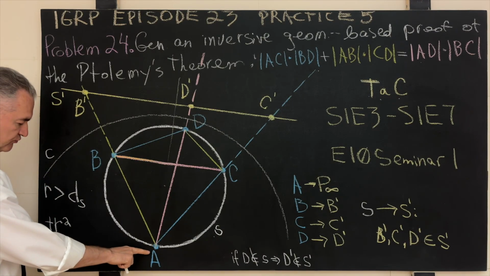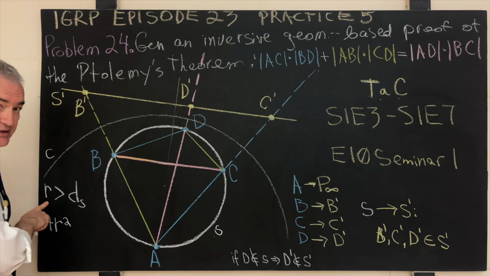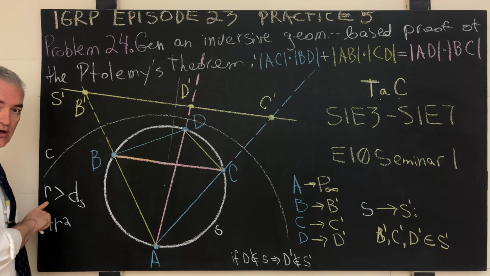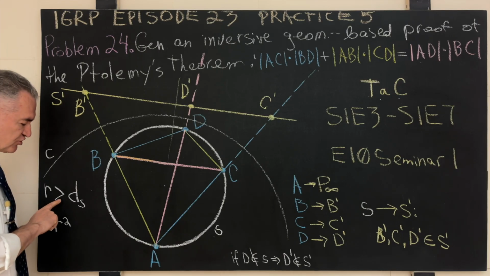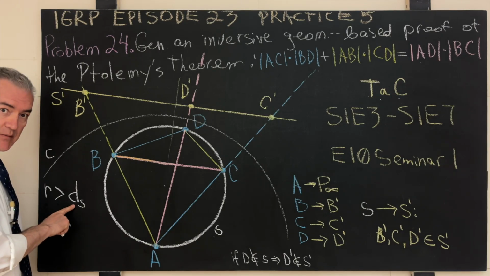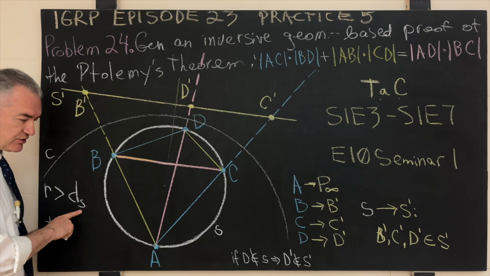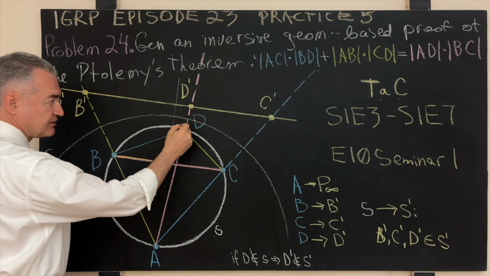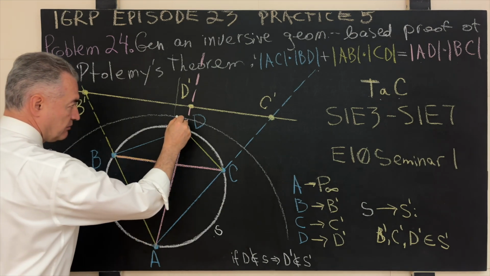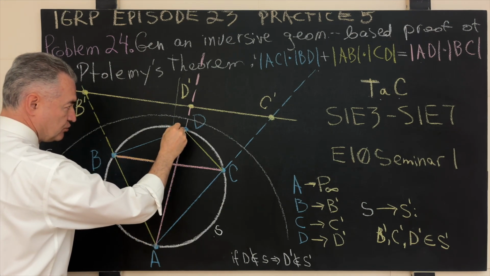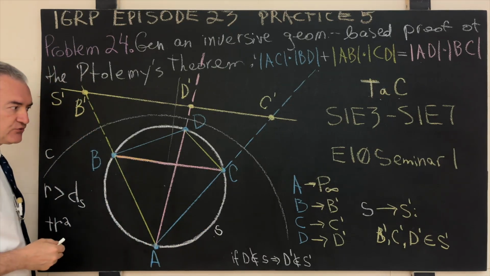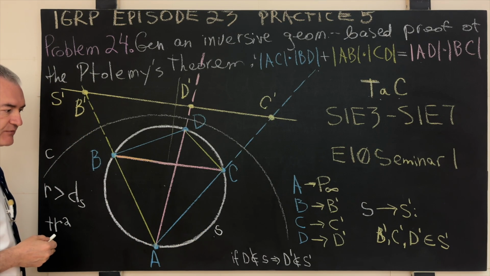A is the center of inversion, and the stipulation here is that the radius of inversion we pick to be strictly larger than the diameter of the parent circle S. That is why you see a non-zero distance between the point that is closest to the circle S, the parent circle that houses the four distinct coplanar points.